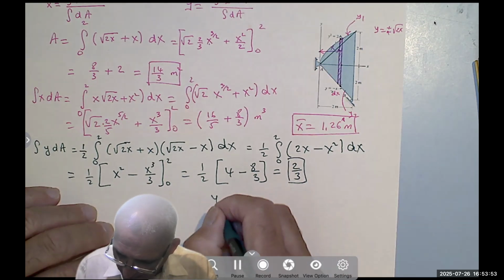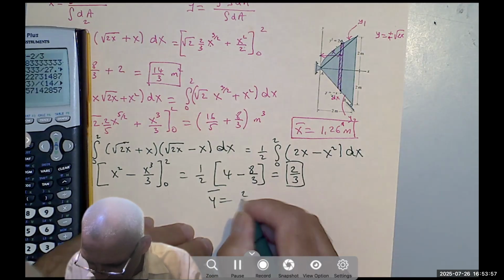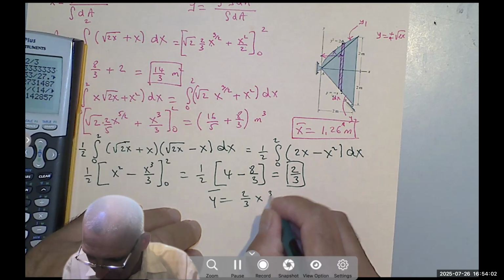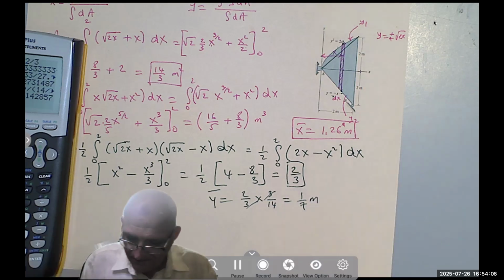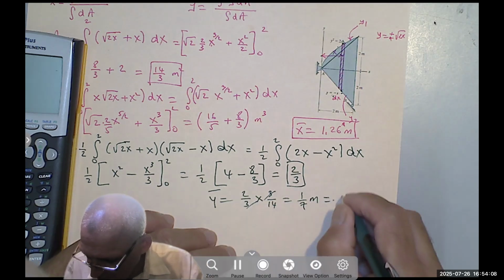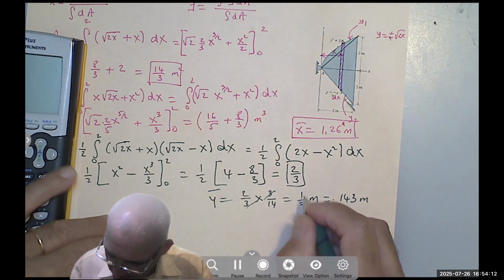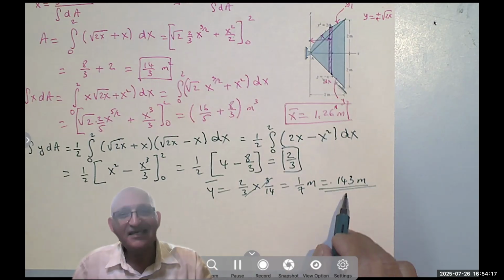So y bar becomes 2/3. In fact, it's 2/3 divided by 14/3, so times 3 over 14 is 1/7 meter, which is 0.142857.